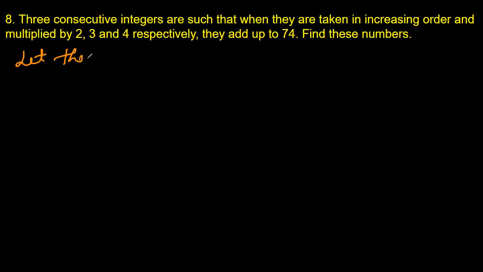Let the numbers be, since they are consecutive, the first one is x, the next one is going to be x plus 1, and the next one is going to be x plus 2. So these are three consecutive numbers.